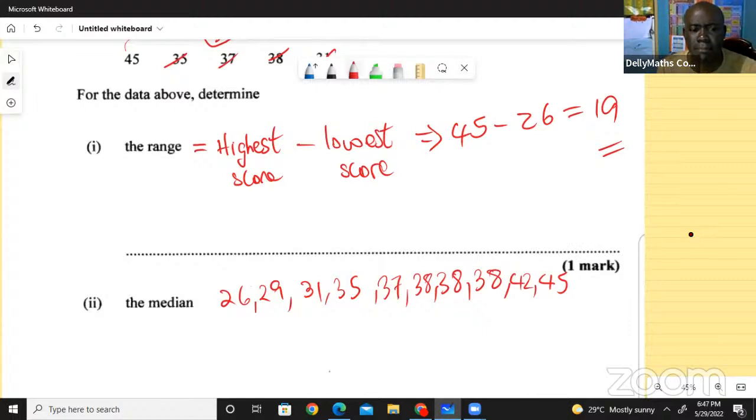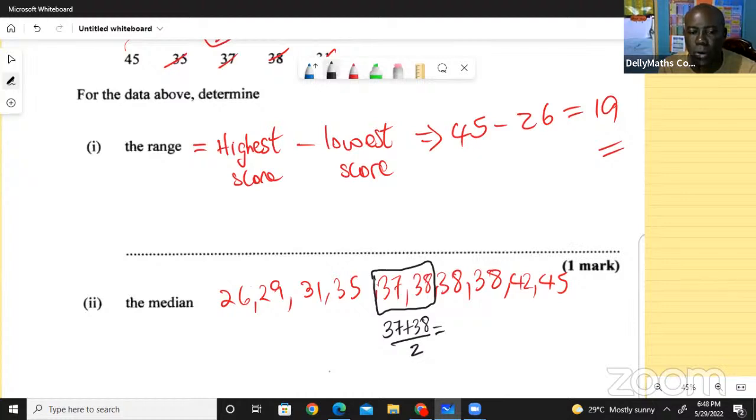The median is the middle term. So the middle term is going to be halfway. 1, 2, 3, 4, 5. The middle is right here with these two terms, because if you count 1, 2, 3, 4, 5 from each side, we're getting two. Whenever you get two terms for the median, we have to add them and then divide by 2.